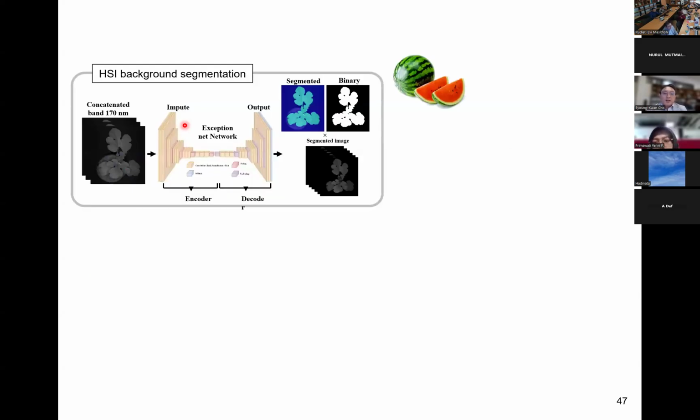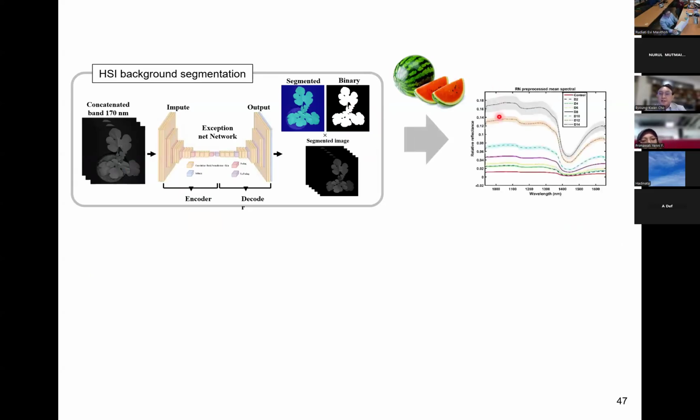Here, watermelon hyperspectral images. We remove the background using deep learning. Okay. Everybody is using deep learning, right? So we just use deep learning to remove the background, simple, and then extract spectral information from the plant.